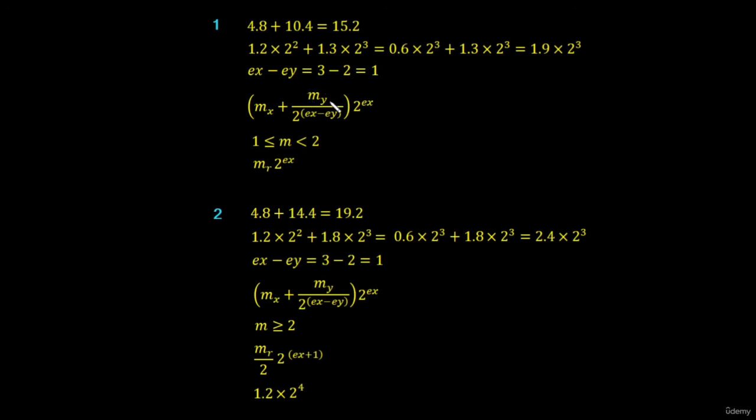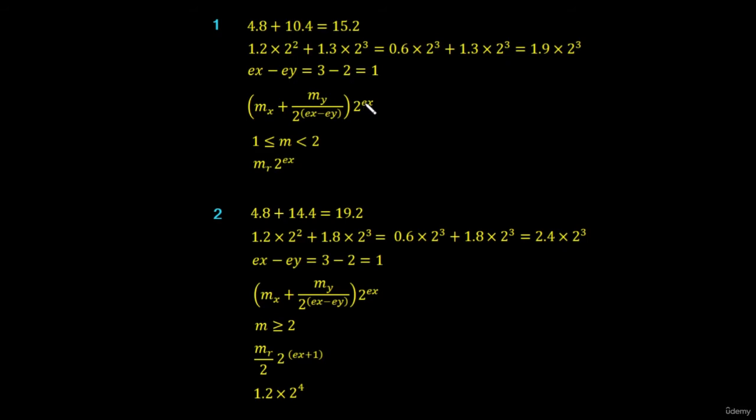So my was 1.2, but it's now divided by a factor of 2. Now in this instance here, the factor of 2 is 2 to the ex minus ey. So ex minus ey is 3 minus 2, which is 1. 2 to the power of 1 is just a value of 2. So this little part here is the 1.2 divided by the 2, giving us 0.6.